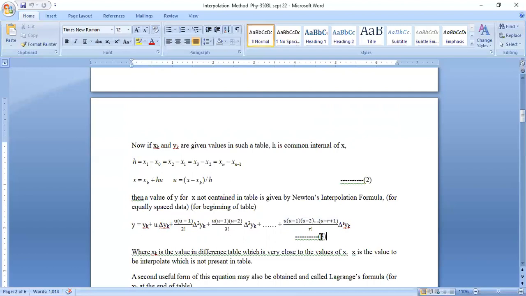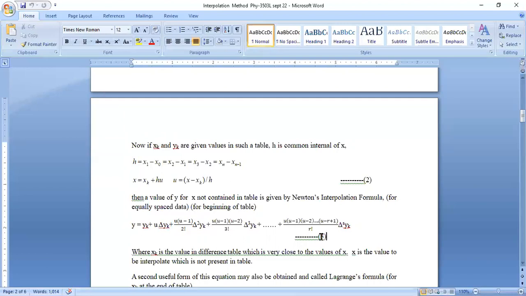I hope the numerical analysis is also covered in your maths syllabus, so your maths teacher must have derived this expression. I request you to please refer to your textbook as well as some references and look at the derivation part.